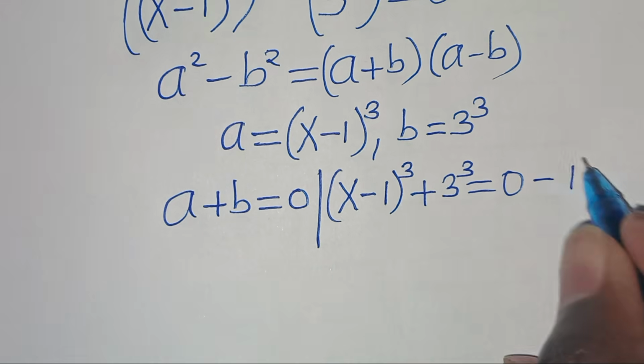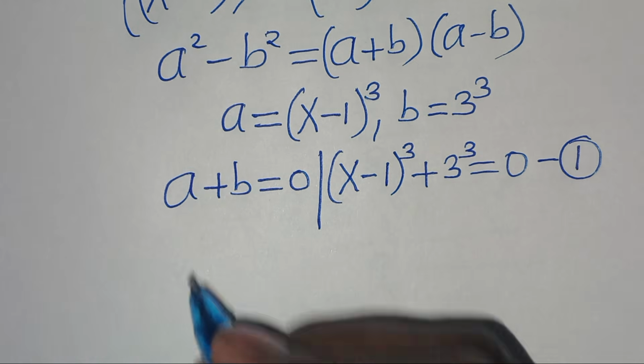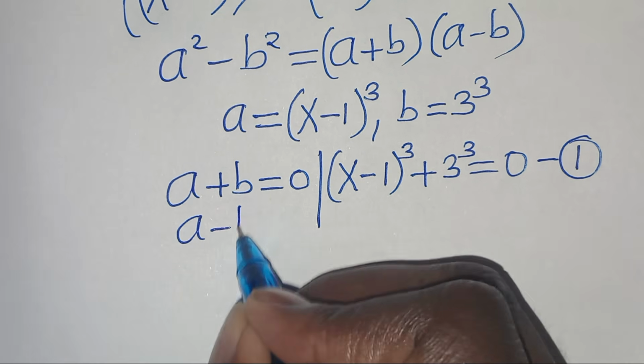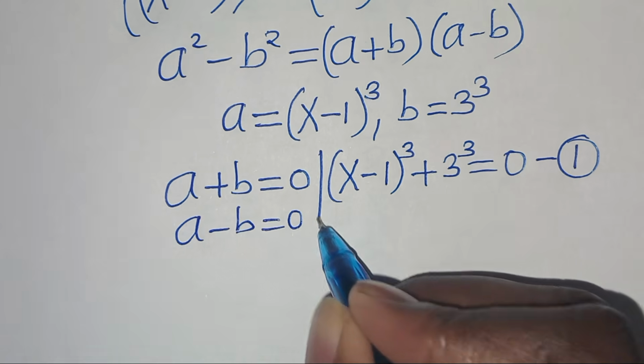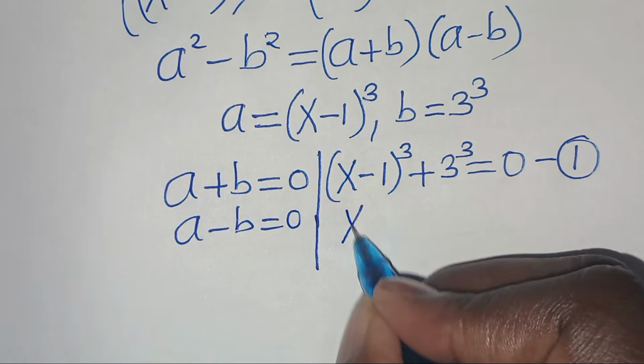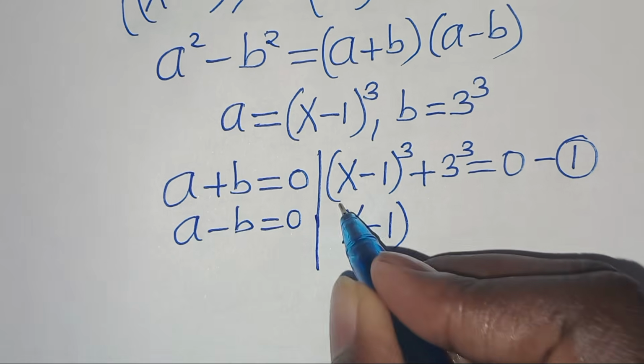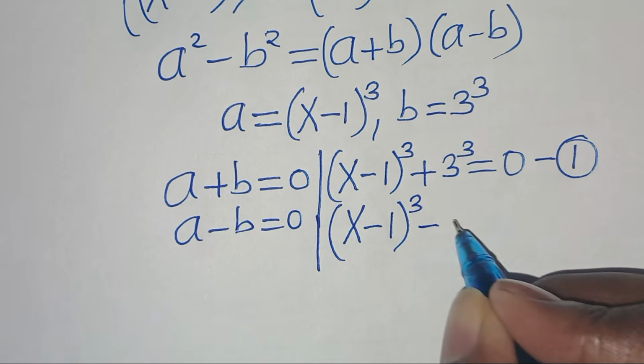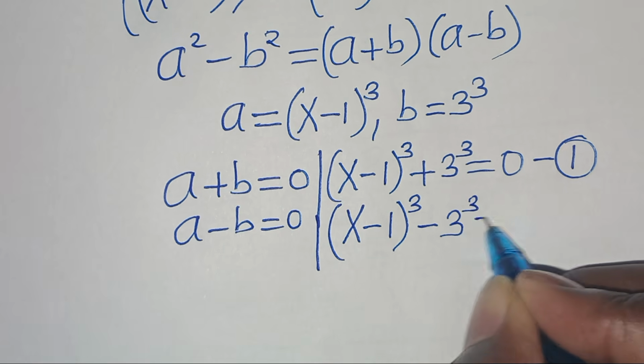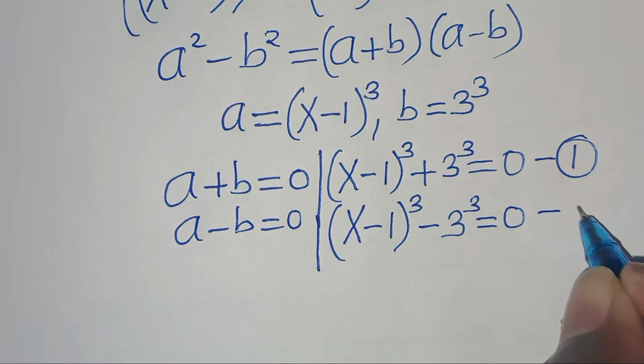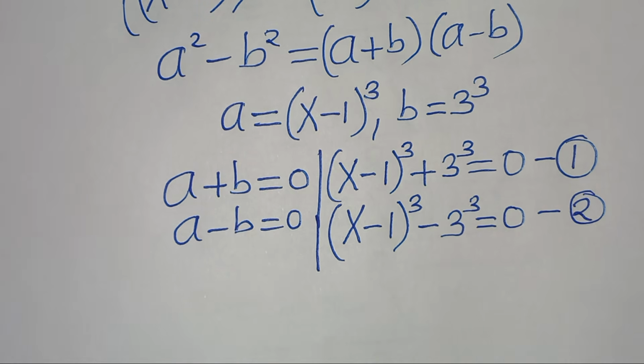Let's call this case 1. Then we have a − b equal to 0, so (x − 1)^3 − 3^3 = 0. Let's call this case 2.